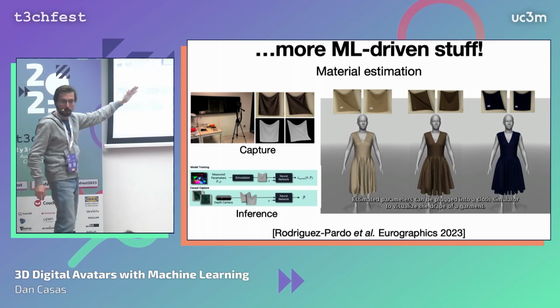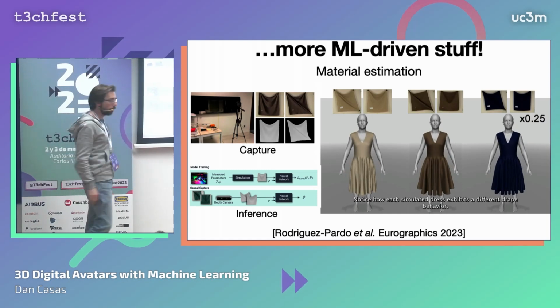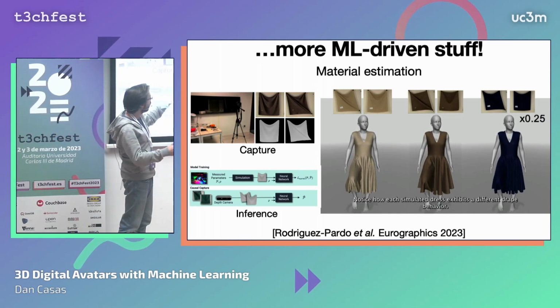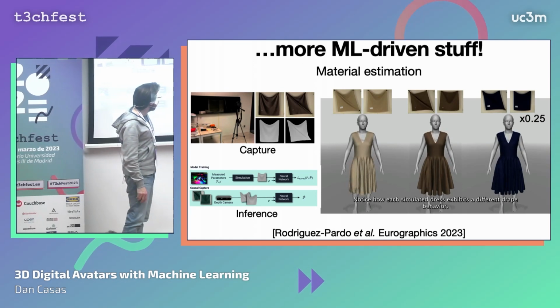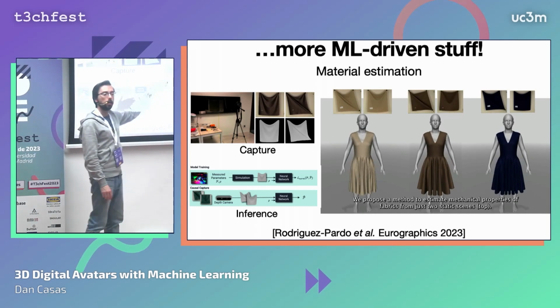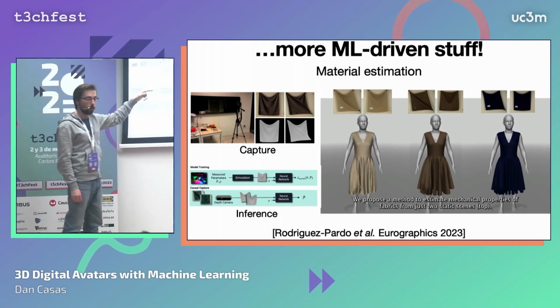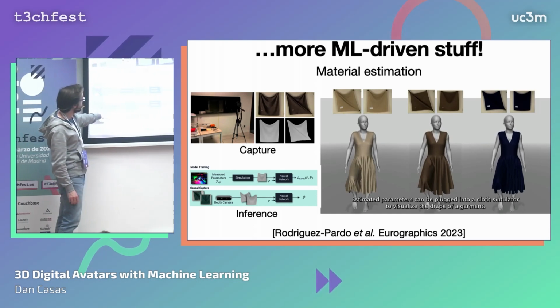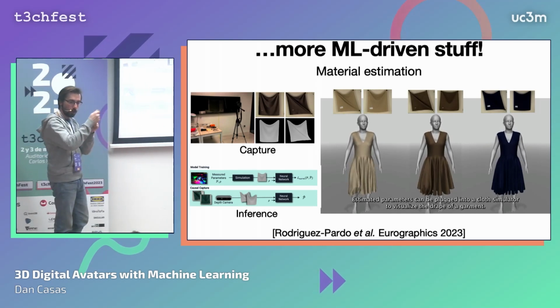I don't know the word in English, but a thick cotton fabric. These renders exhibit different wrinkles that depend on the underlying material, right? And our neural network takes 2 pictures and from these is able to infer the properties of the underlying fabric.